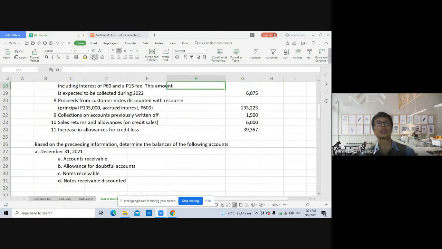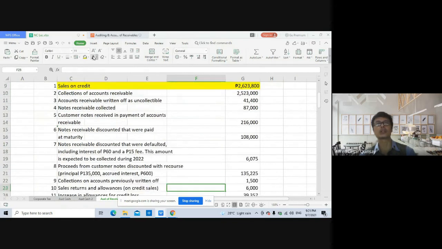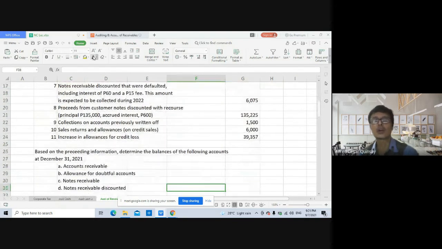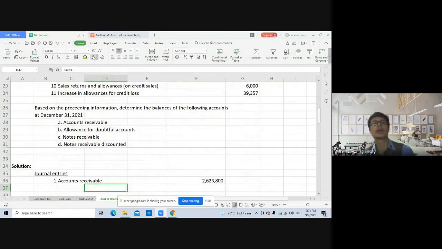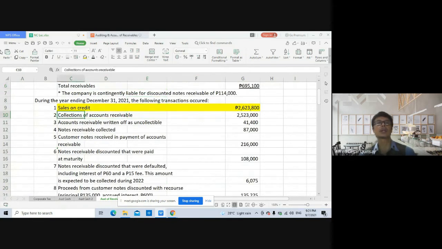Yan, yung nakalagay dito, no? Sales on credit. So, i-recognize natin yan, no? By debiting accounts receivable and credit sales for the same amount of 2,623,800.